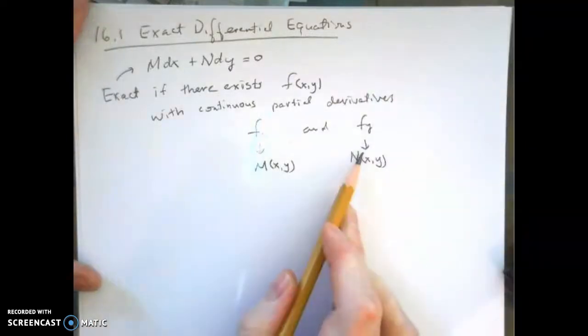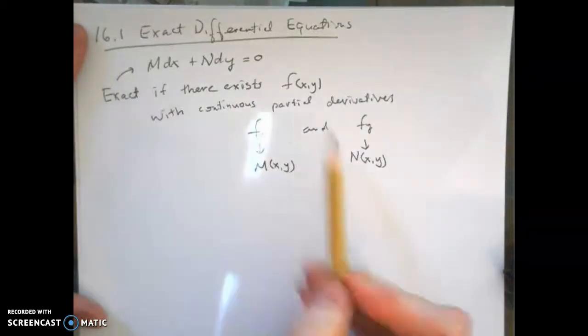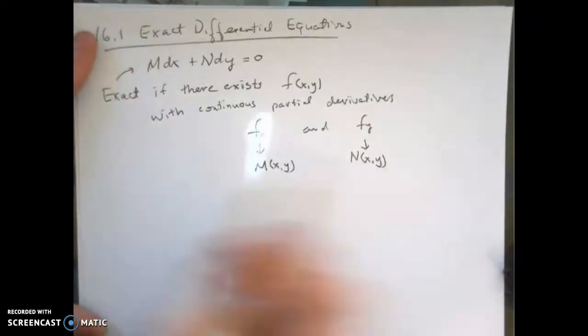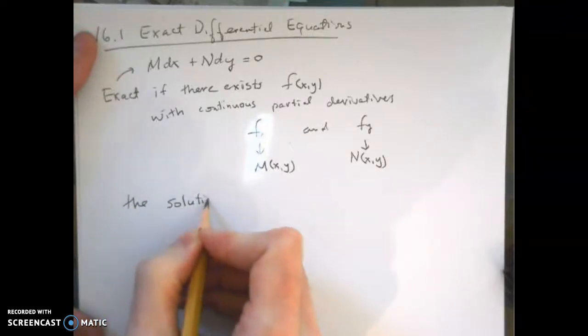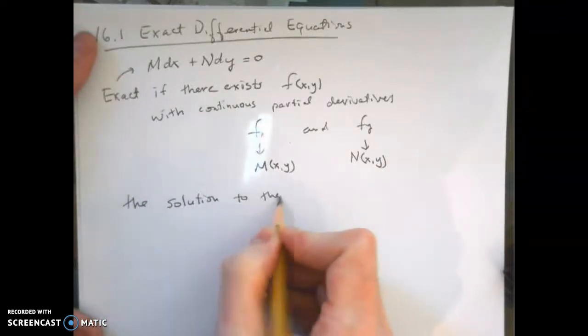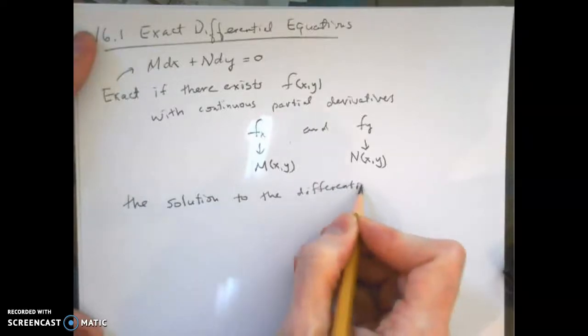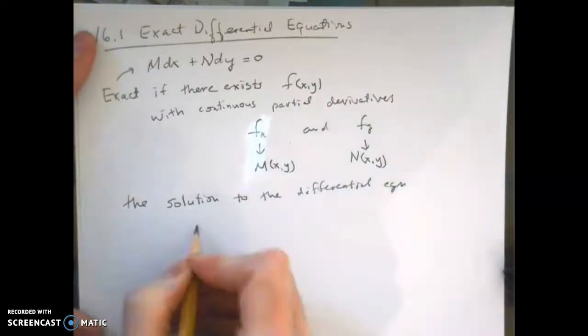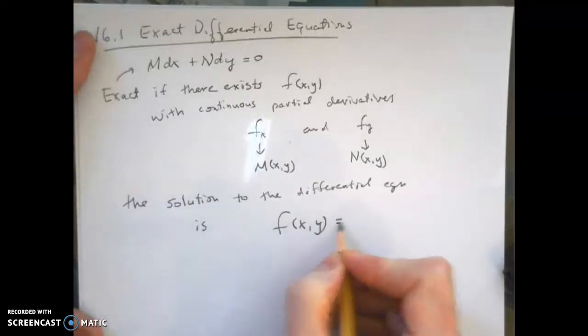Okay. And if this is true, so it's exact if there exists this, then the solution to the differential equation is f of x, y, whatever that function is, equal to c.